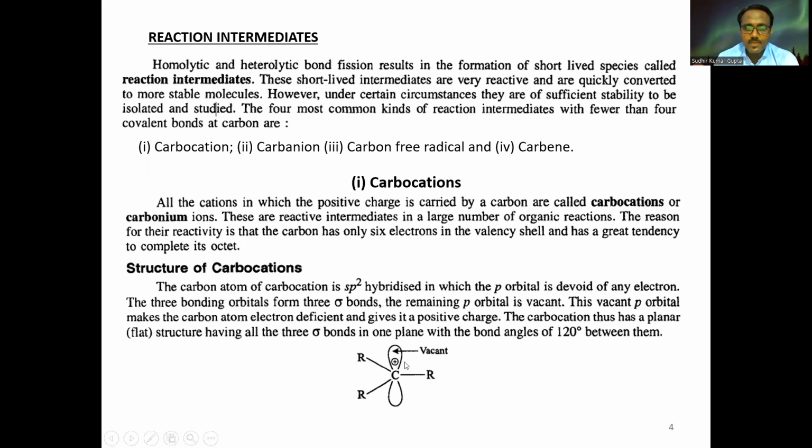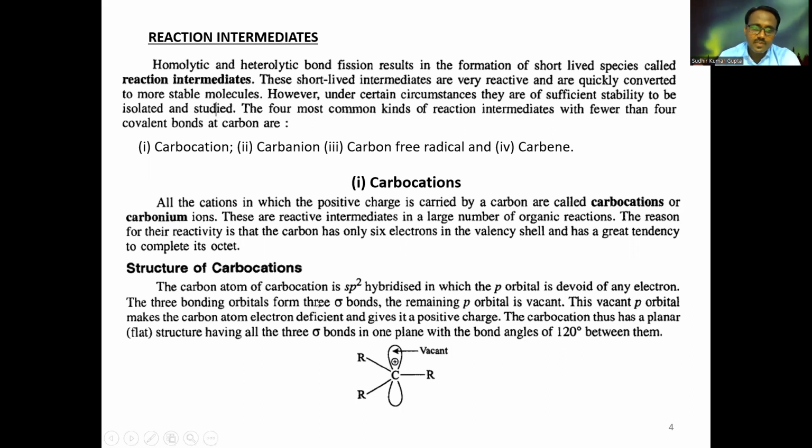At that time, the carbon has a positive charge. What is the meaning of positive charge? It means absence of the electron which it should retain. So 3 sp2 orbitals are there, and the 4th orbital is vacant. Earlier we had 4 sp3 orbitals, but now, since one orbital does not have any electron, the hybridization changes to sp2.